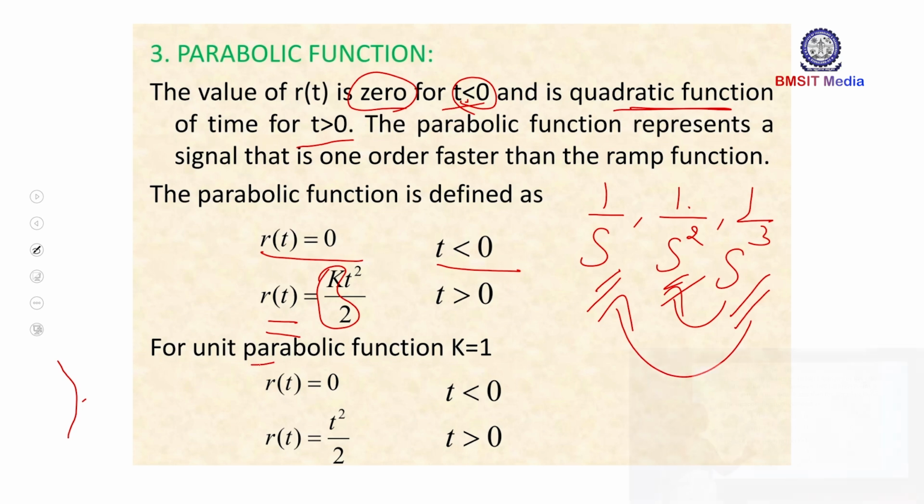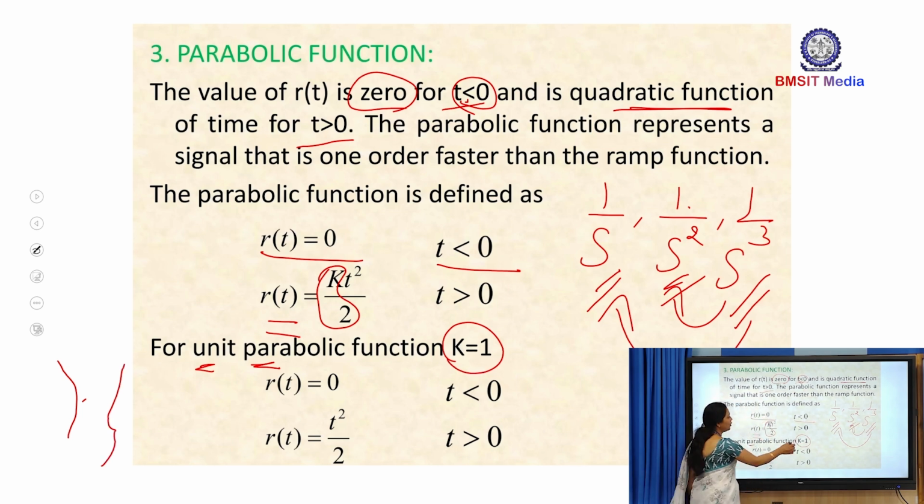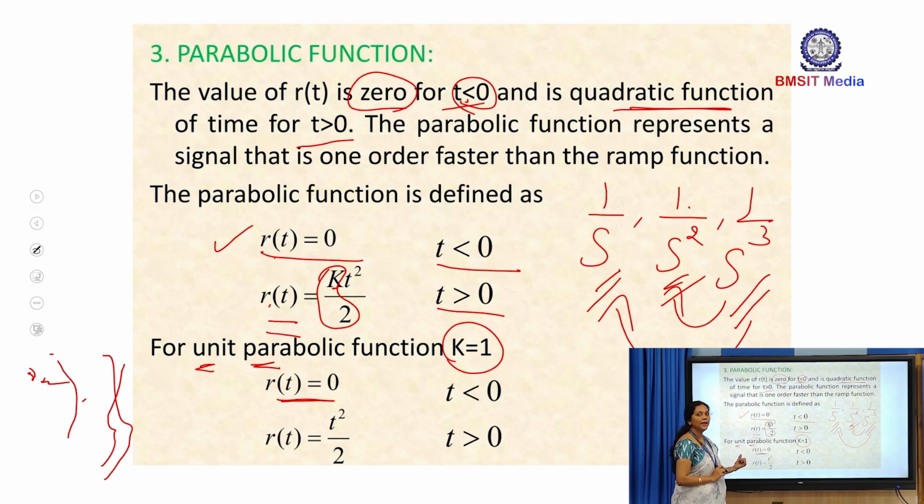Suppose the parabolic function is a unit parabolic function, that means the value of k is equivalent to 1. When k is equivalent to 1, for t lesser than 0, r of t was 0, it doesn't affect, therefore I will rewrite the same equation there. But if t is greater than 0, what is the value of r of t? It is k into t square divided by 2, but since it is a unit parabolic function, the value of k is equivalent to 1.